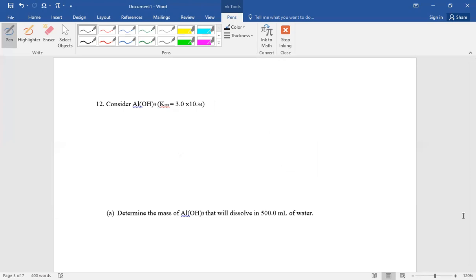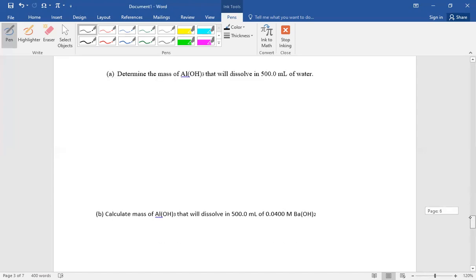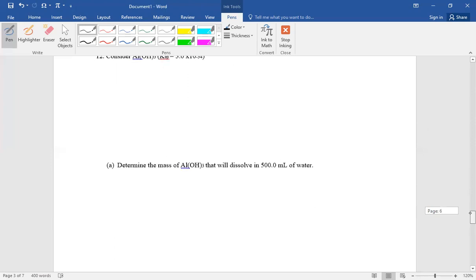Okay, so consider Al(OH)3 with its KSP. Determine the mass that will dissolve. Here we'll go back to the same: Al(OH)3 is equal to Al3+ plus 3OH negative.